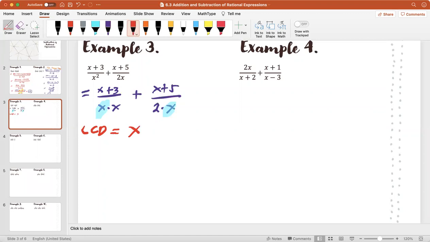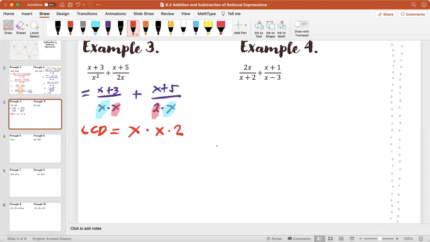How about the rest? These are not common. It seems like these are leftovers. We take them. After taking those common factors, take those that are not common in both denominators. So there's only one x common, the rest are not common, so we put them also, we multiply them together. So that's times x times 2.